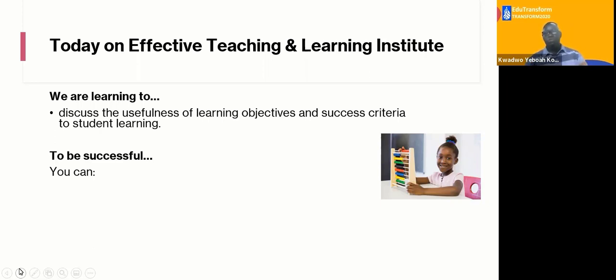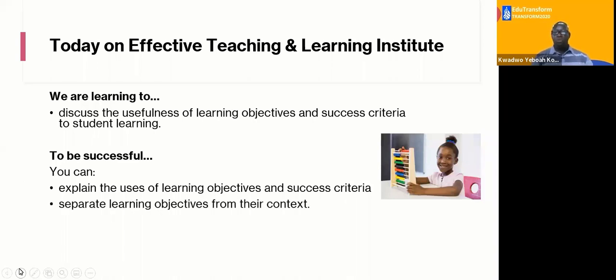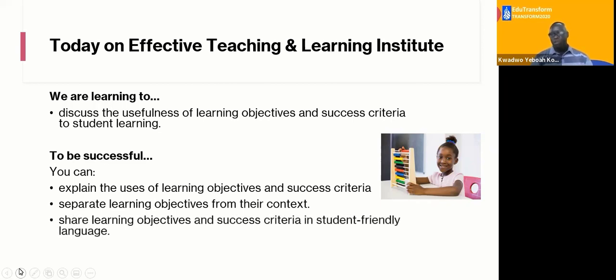When we are successful, each one of us present will be able to explain the uses of learning objectives and success criteria. Each one of us will be able to separate learning objectives from their context. Remember, that was one key area that we had to separate, so that we can give very good learning objectives.